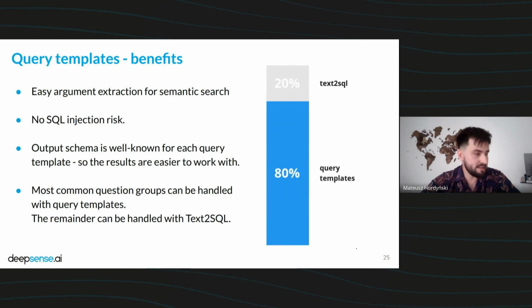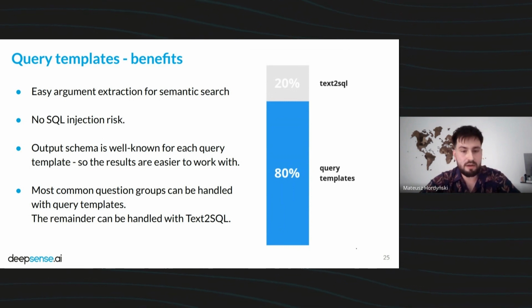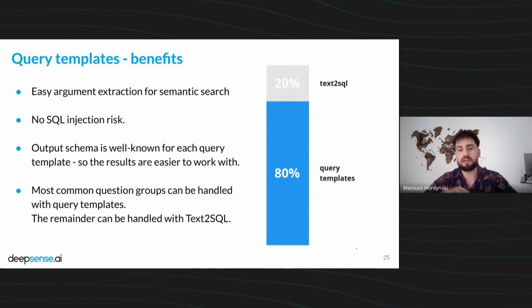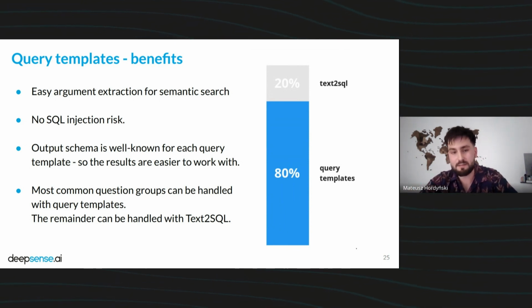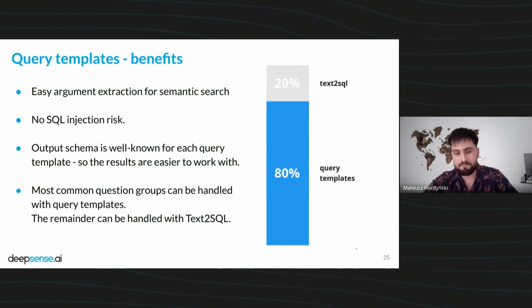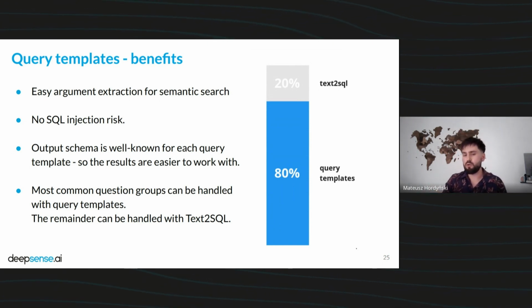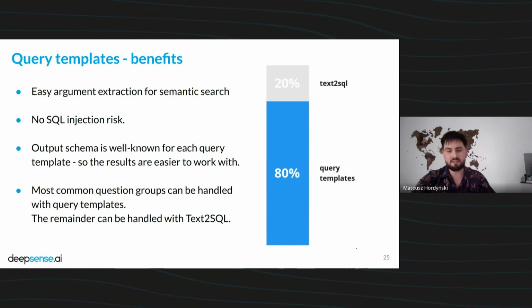And the next thing is really important. You know, output schema is well known for each query template. And why is it important? In the classical text to SQL result, you don't really know what the schema, what the results are.